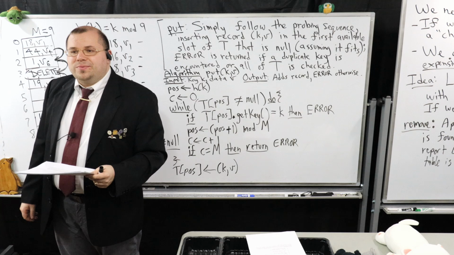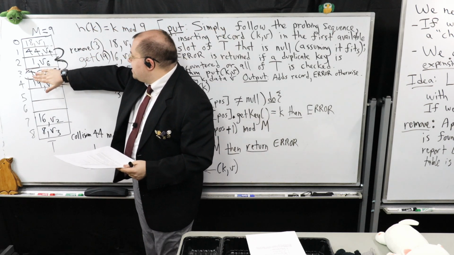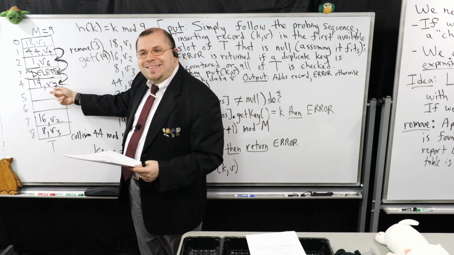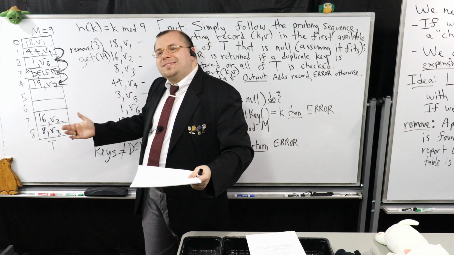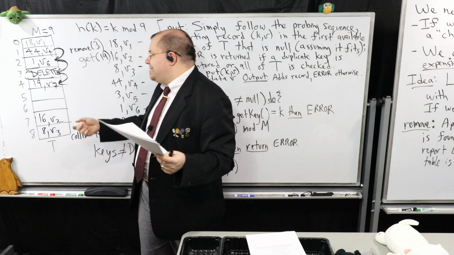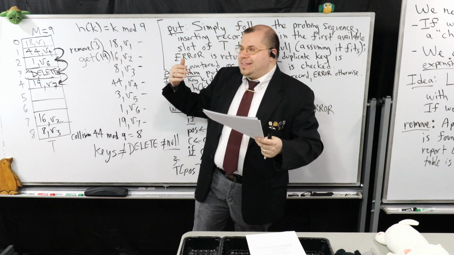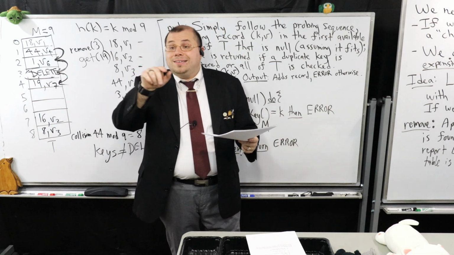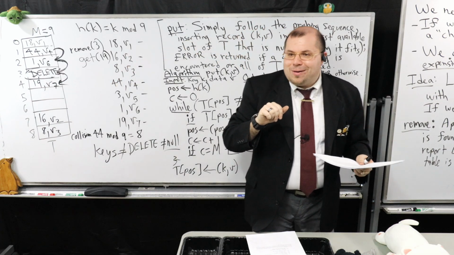If in place of delete you put null, okay. Remember, the whole problem is that if there's null here, we don't know how to get the 19 anymore. That's the problem, that we lose the ability to use our probing sequence to find things that we used to place in spots. So the whole idea is with lazy deletion, we introduce these markers that mark a deletion to ensure that we can continue hopping along to where we need to go.